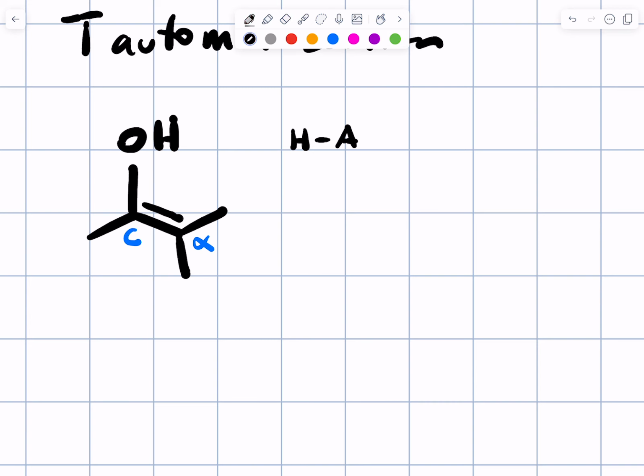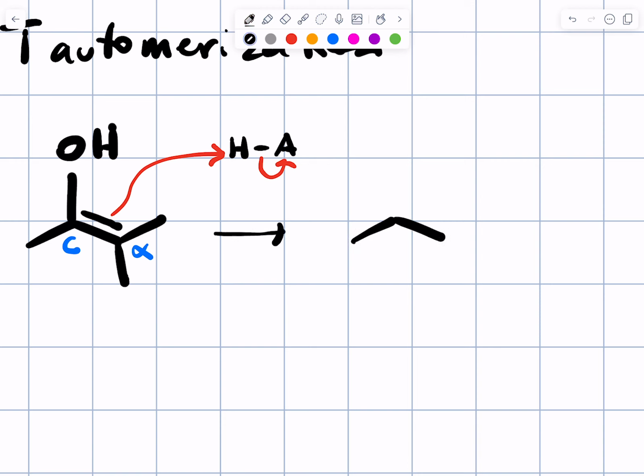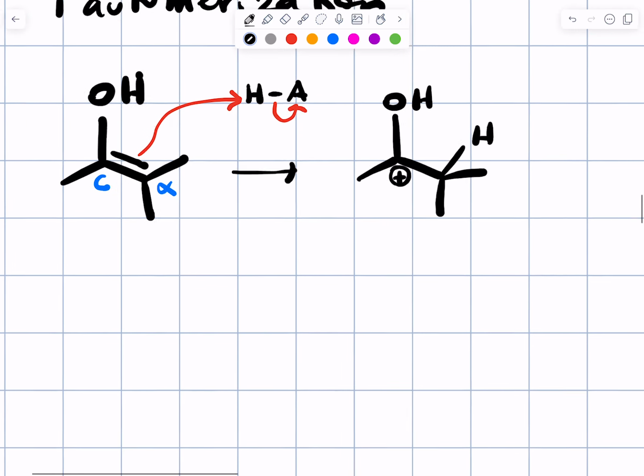You can show this in one of 2 equivalent ways. One way is simply to have the pi electrons from the carbon-carbon pi bond attack the proton. You're going to choose selectively to protonate on the alpha carbon. And if you draw the arrows this way, that will leave a positive charge on the carbonyl carbon.